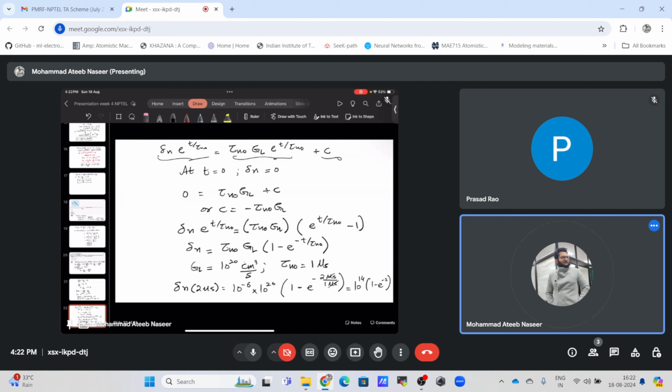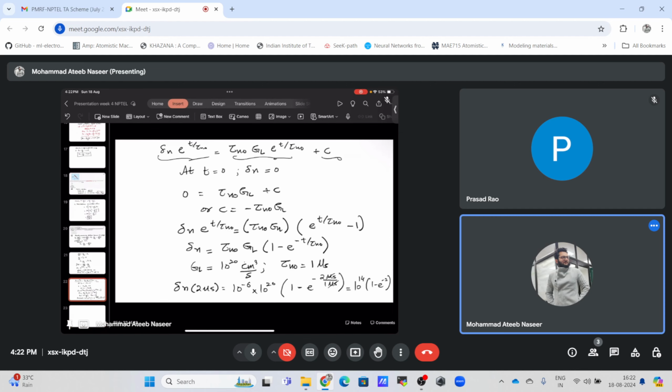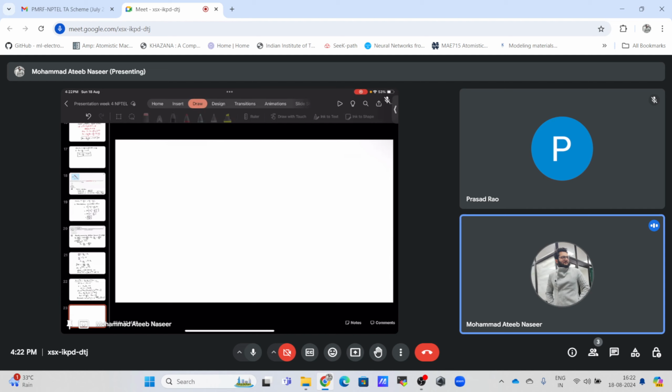So it is exponential of minus 2 minus 1.865. So delta n comes out to be equal to 8.65 into 10 to the power of 13 per centimeter cube.